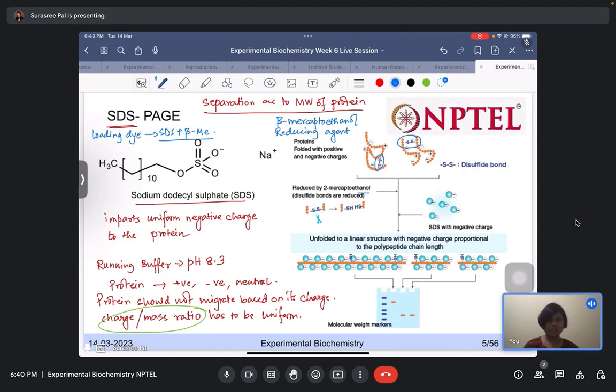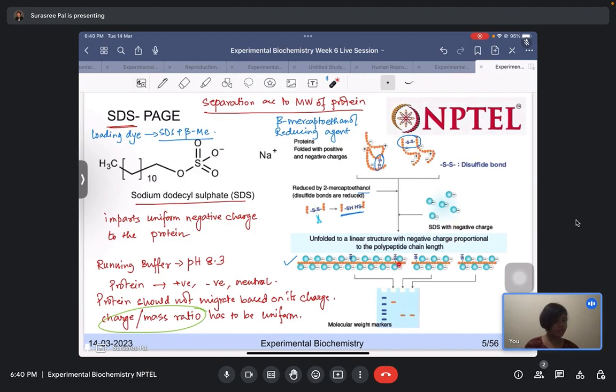It reduces the disulfide linkages and makes the polypeptide a linear molecule. Here you can see that the polypeptide molecule is now converted into a linear chain, because the disulfide linkages are broken, and SDS is imparting the negative charge.